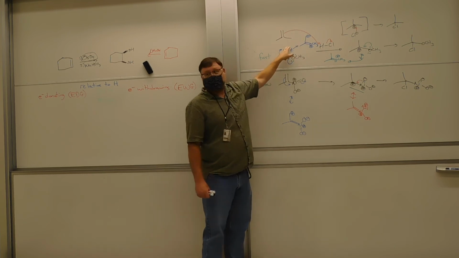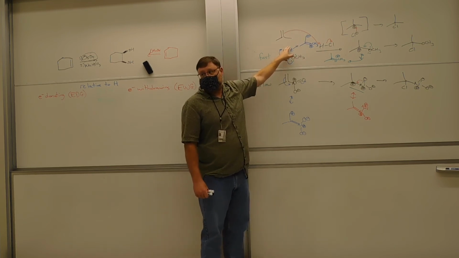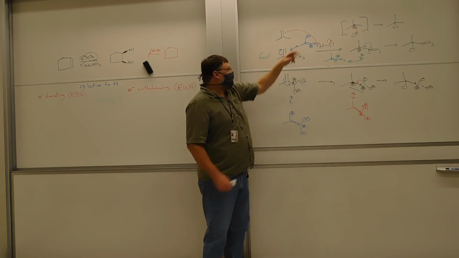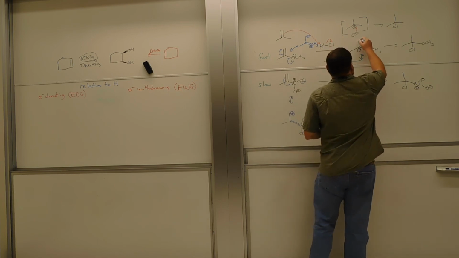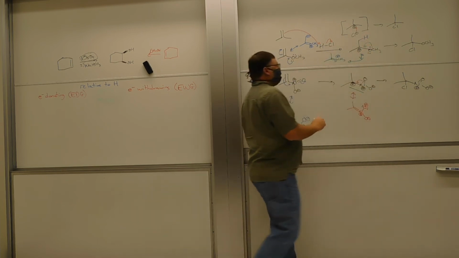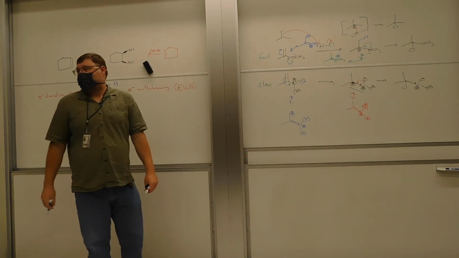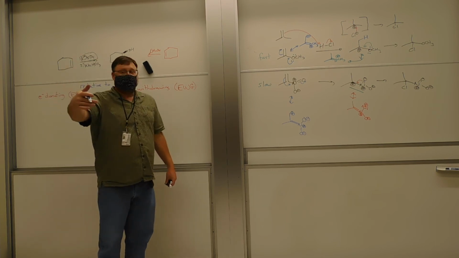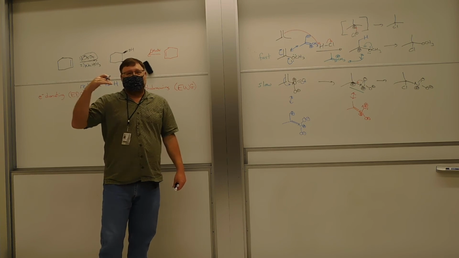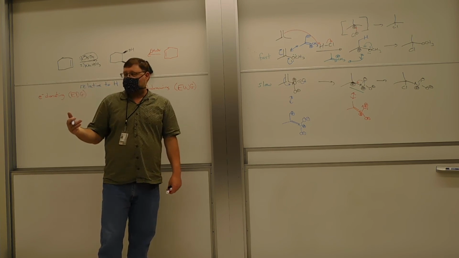That's going to make that carbon quite a bit more basic than it would be. And if you look at the reaction, I didn't really show it that way, but the H that gets grabbed goes onto that carbon. So the atom that's actually grabbing the proton in the middle reaction has significant partial negative charge.